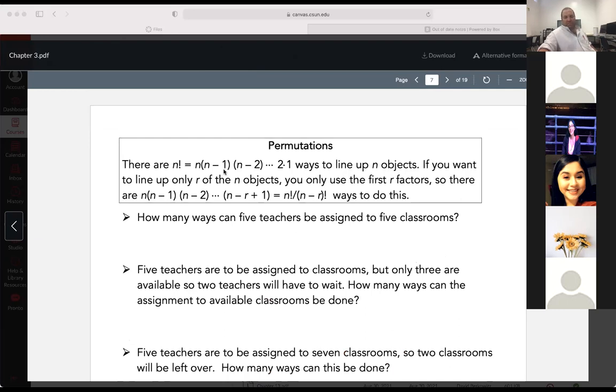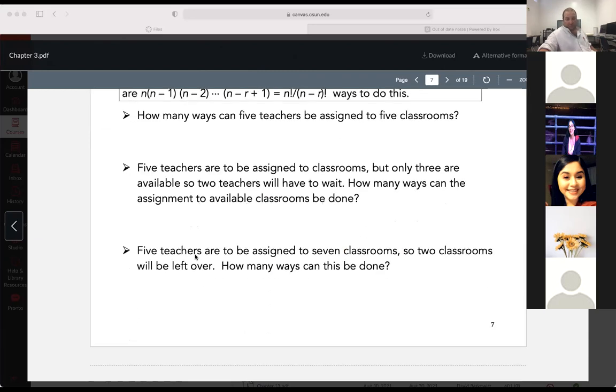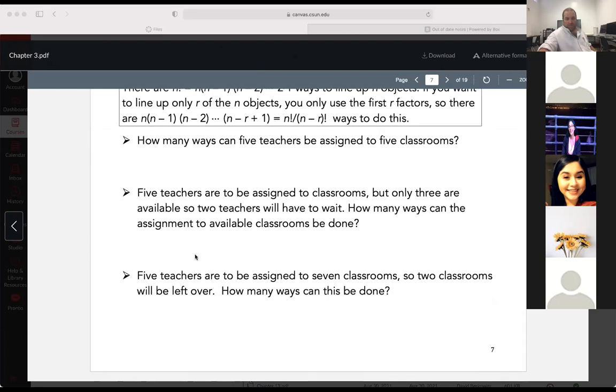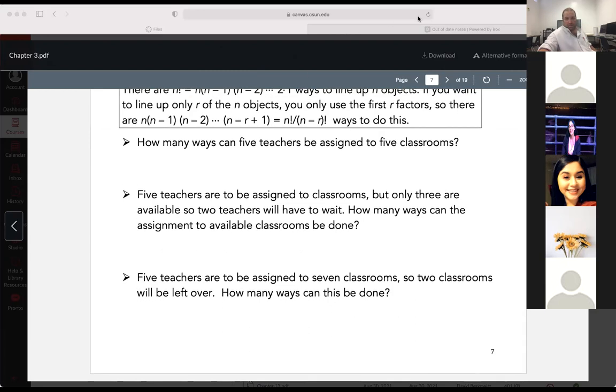5 teachers are to be assigned to 7 classrooms, so that 2 classrooms will be left over. How many ways can this be done? So we have to choose what our N is referring to and what our R is referring to. Our N is 7.